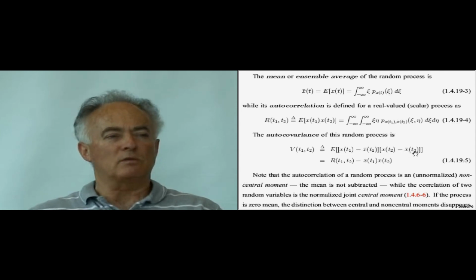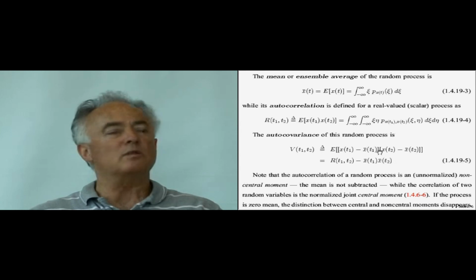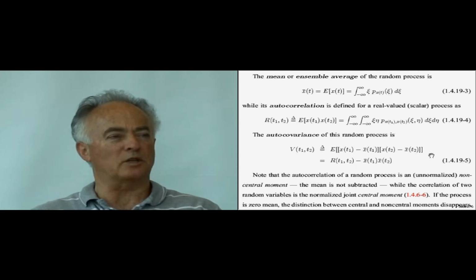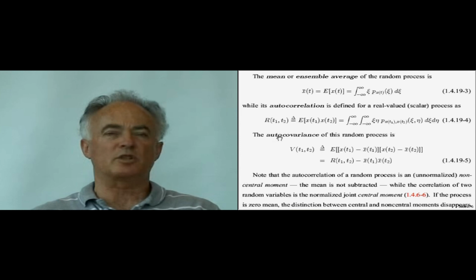As you see, just take off the means, so we have a central moment, and this is R t1 t2 minus x bar t1 x bar t2. I suggest you go through the small derivation connecting the first line to the second line by just opening the outside brackets here. It's called autocovariance because it's the process x of t with itself.